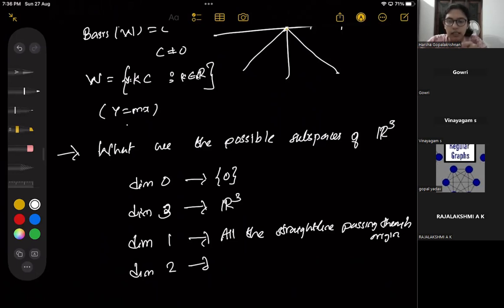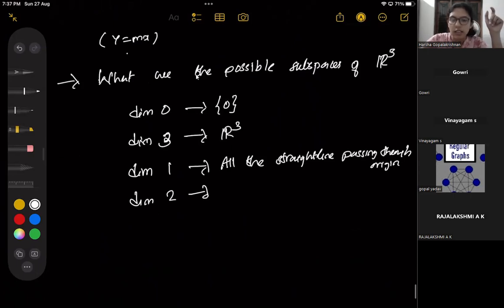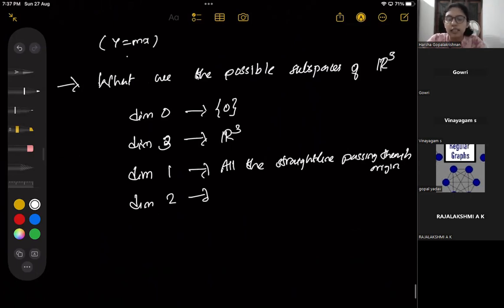It is not a line. There are two elements which generate the subspace of dimension 2. The answer: it is the set of all planes passing through the origin.